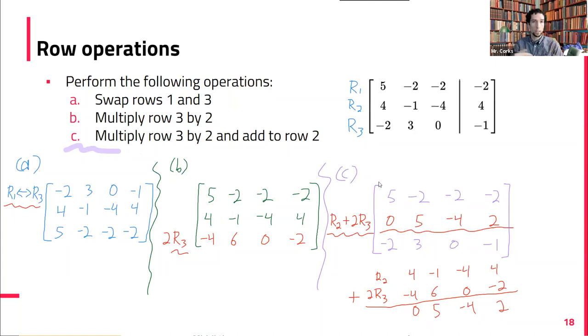So just make sure you're clear about which row is being replaced and which row is being kept. Here, row 2 is our target, and row 2 is replaced with this new version of row 2. Those are all the operations. We can do quite a bit with this simple set of operations. We can use this to solve systems of equations.